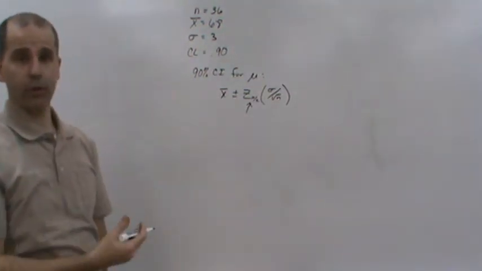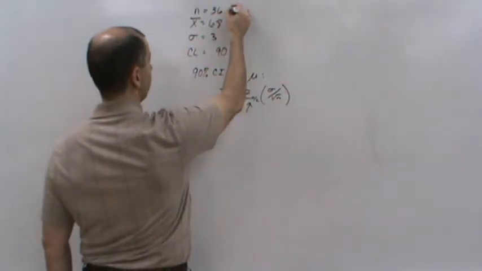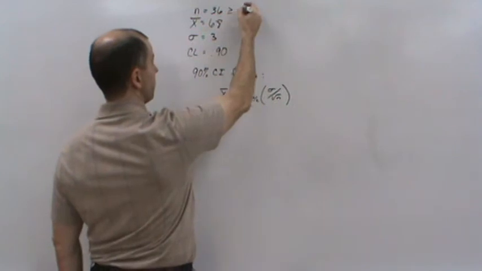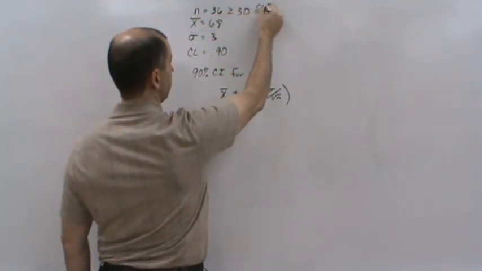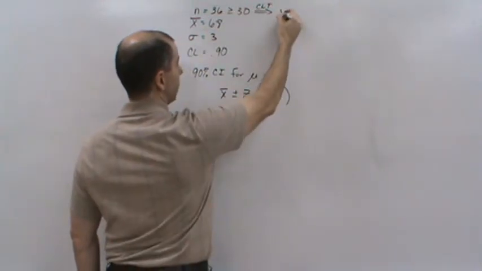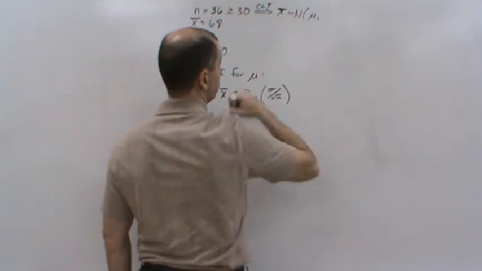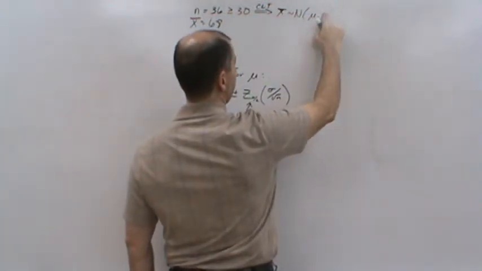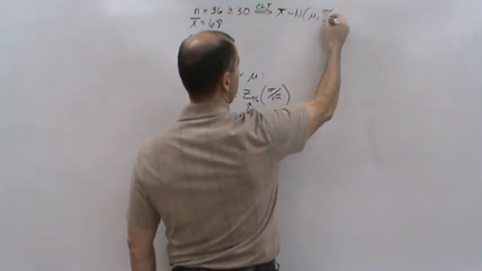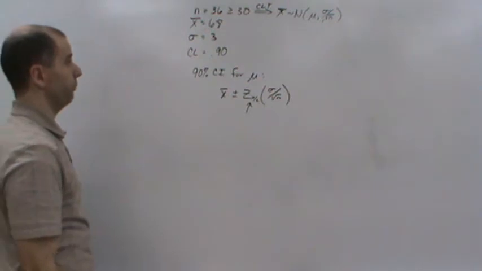In fact, we can't go any further unless we know the distribution of X bar, which we do, because n, the sample size, is bigger than or equal to 30, which tells us by the central limit theorem that X bar is approximately normal with a mean of mu, which we don't know, and a standard deviation of X bar of sigma divided by the square root of n. Okay, which we do know.